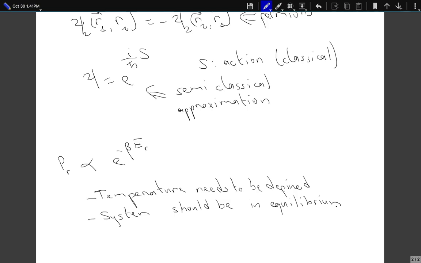I'm just asking to review what we have done. His question was, under which conditions can we use this probability expression? The easiest way to determine the conditions is to go over the derivation. So what are the assumptions we made while we were deriving this relation?